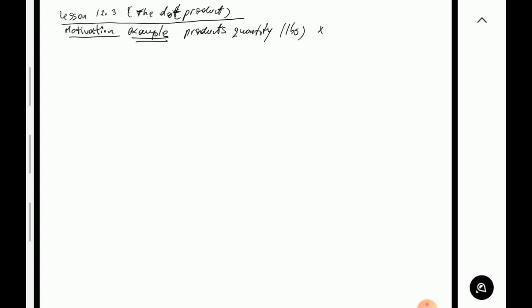Let's say we have X pounds of apples, Y, I don't know, pears, and then Z plums. Let's squeeze it here, a third product, okay?